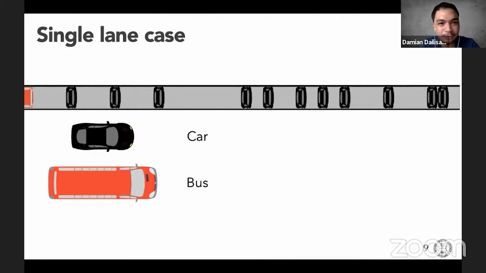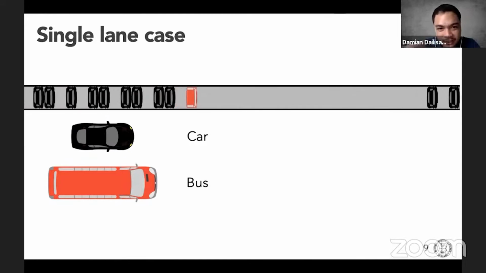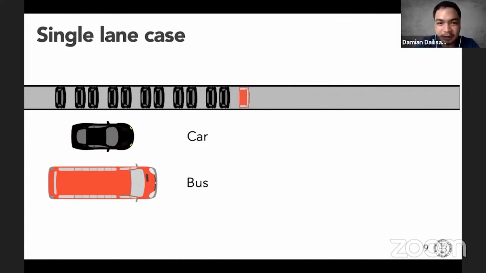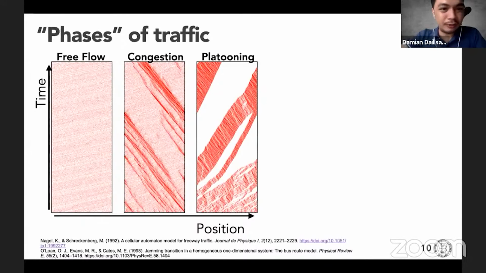So this is a simulation of what would happen in the single lane case, where you have 11 cars and one bus. So when you start the simulation, you would see that the bus is stopping because it's picking up passengers. But as it picks up passengers, the vehicles behind it start to form a bunch. So that's what's called a bunch or a platoon. And this brings us to the notion of phases of traffic.